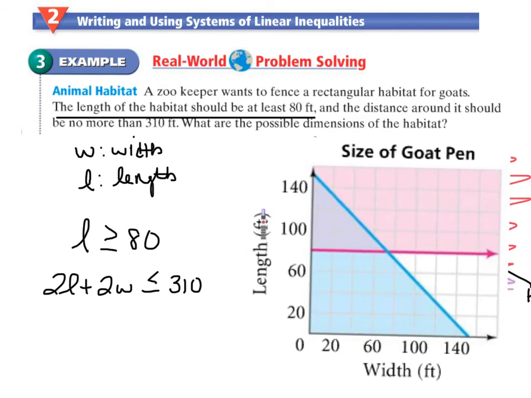So either one, length and width, doesn't matter. So this one they did L is 80 and a shade above. And then they did 155 here, 155 here. And then they connected them, shaded underneath. So your solution is just this shaded region right here. So you could darken it in if you wanted to, but that's your answer.